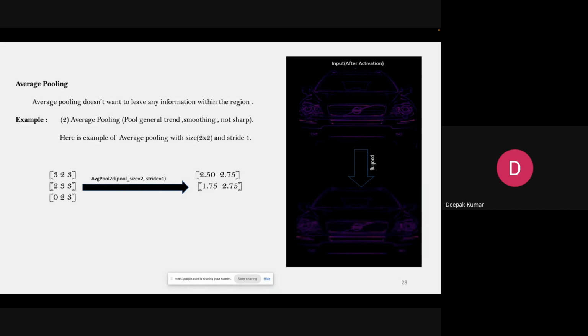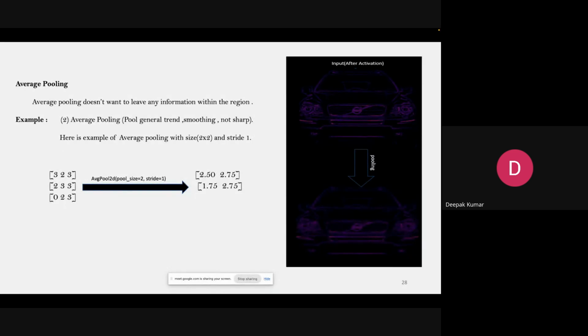In the top of the image, we can see the clear-cut shape and corners. If we apply average pooling, it just smooths out. So the edges, corners and bright parts become smoother. This is the effect of average pooling.